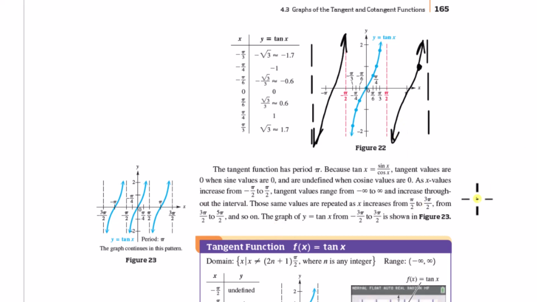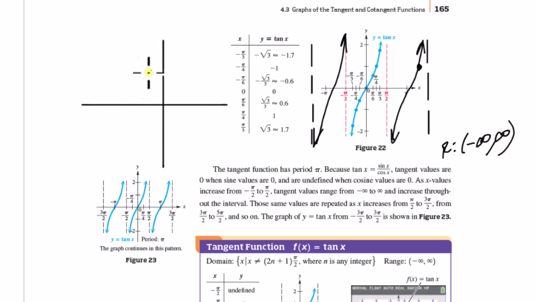So the domain of the tangent function is going to be, well, let's start with the range. The range is negative infinity to infinity. Okay, and then the domain is any vertical quadrantal angle. So pi over 2, 3 pi over 2, or any angle coterminal with pi over 2 or 3 pi over 2, right?